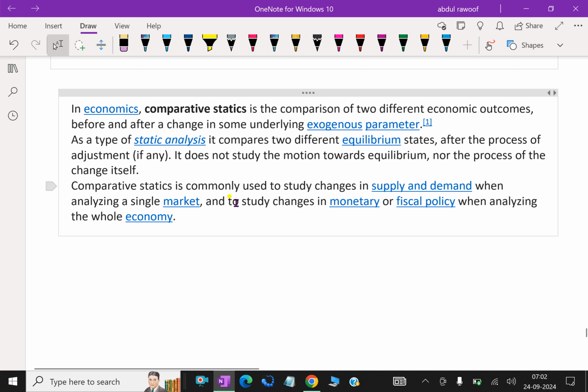Comparative statics is commonly used to study changes in supply and demand when analyzing a single market, and to study changes in monetary or fiscal policies when analyzing the whole economy. Look at income determination, multipliers and comparative statics.